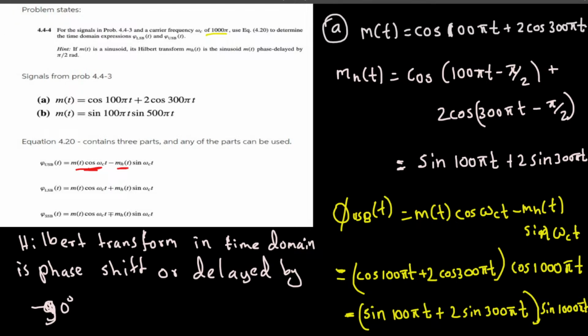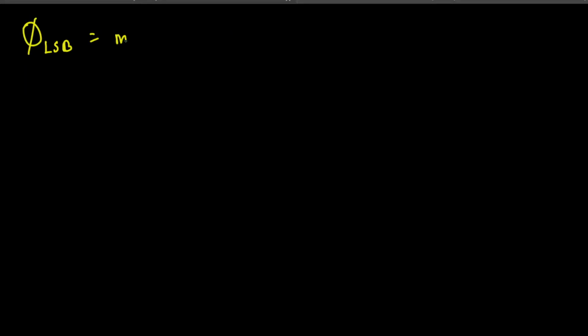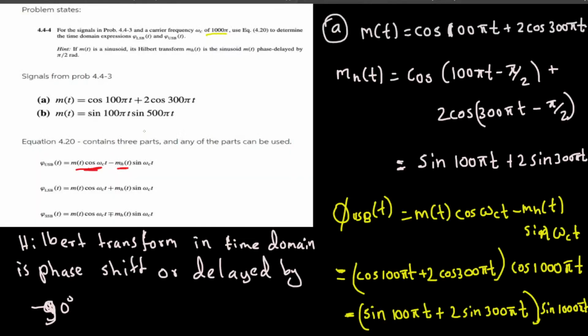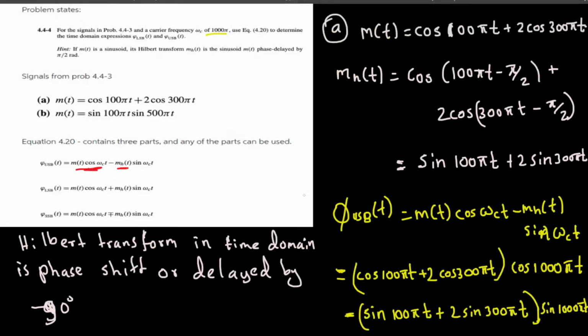So if we express this for phi LSB, the equation is given by m of t cos omega ct, and in this case this is plus mh of t sin omega ct. m of t again is the exact same thing, so even if I just copy this and paste it here, it's going to be the same.